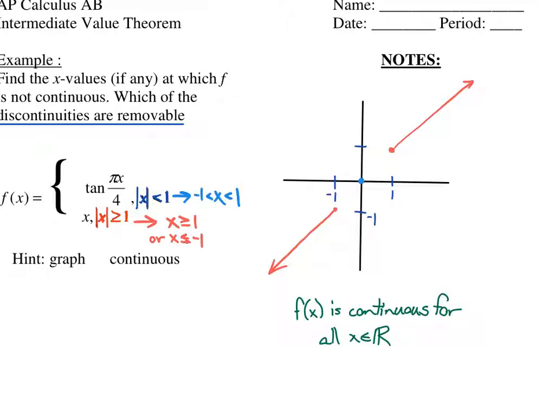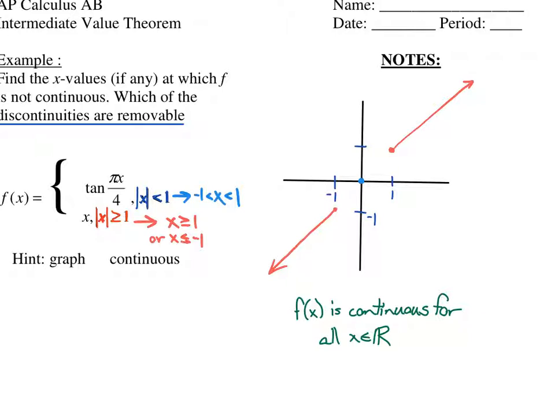We are multiplying the x by a scalar, so what does that do? Horizontally, okay? So it's going to impact the period. The period of tangent is typically what? Pi. It has asymptotes at -pi/2 and pi/2, so the period is approximately pi.